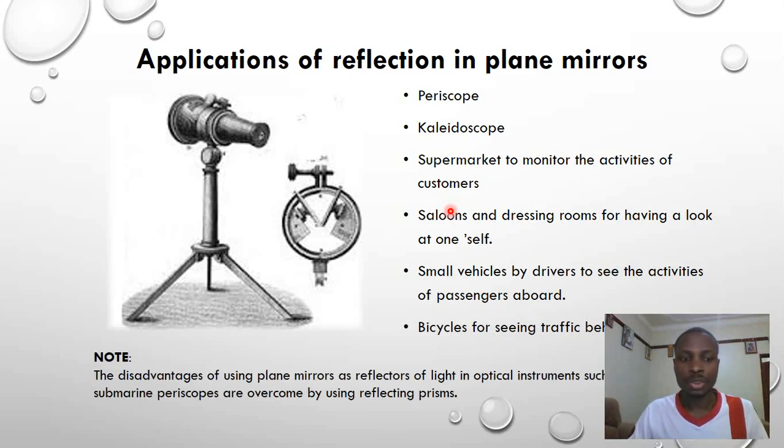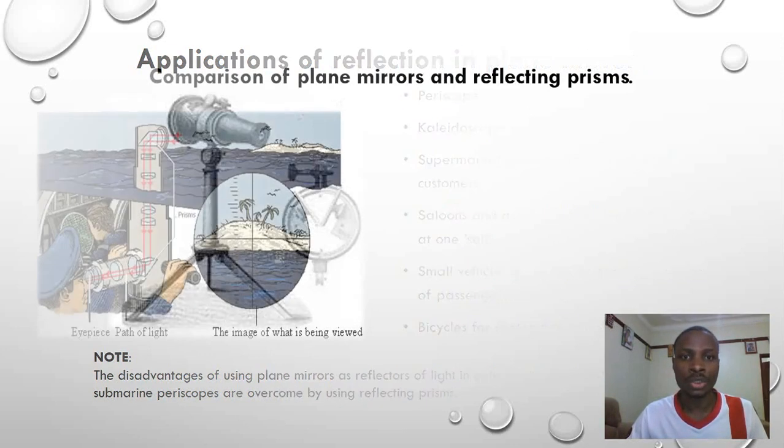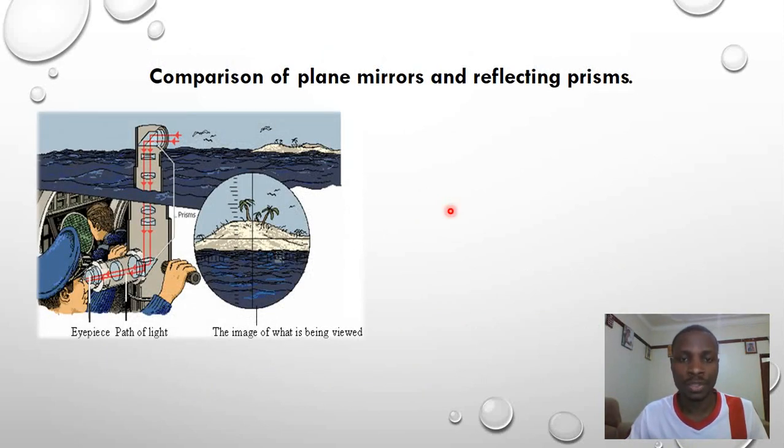Before I look at the last part, I want us to make this note that the disadvantage of using plane mirrors as reflectors of light in optical instruments can always be overcome by using reflecting prisms. So let us look at the comparison of plane mirrors and reflecting prisms.